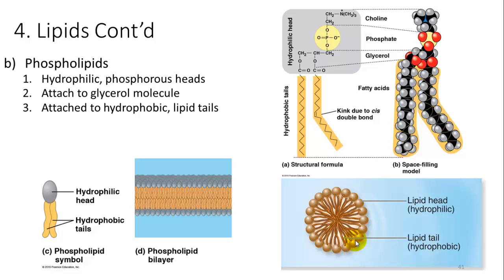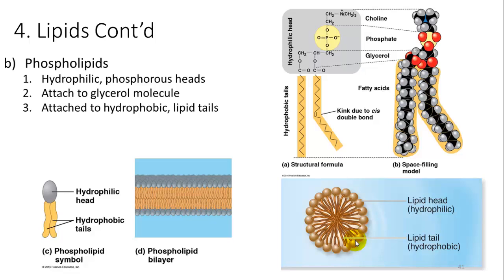All right, so finally, there are some lipids which are very important for cellular components, especially the lipid bilayer, which surrounds all cells. So these are formed by phospholipids. Phospholipids have a phosphorus head and a glycerol molecule, which just acts as a connector.